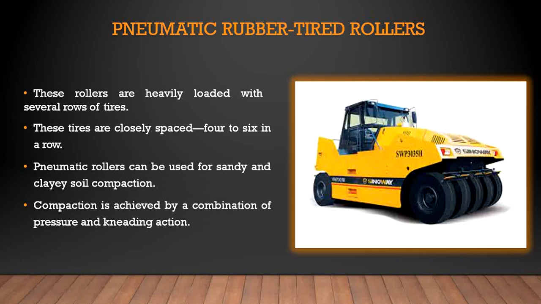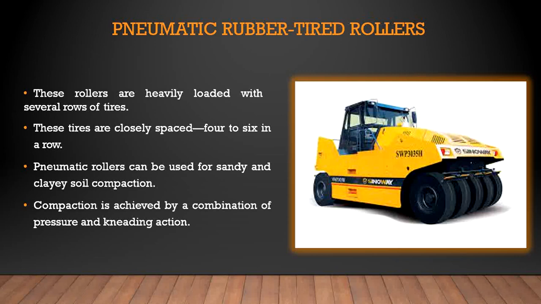So here in this case, the weight of a roller as well as the contact pressure is an important parameter for the performance. The latter may be varied from 0.2 to 1 Newton per mm square through the adjustment of air pressure in the tires. Although this type has originated as a towed unit, self-propelled units are also available.